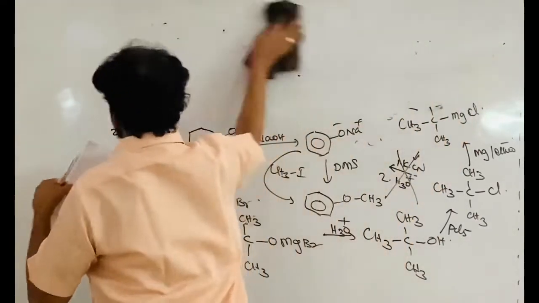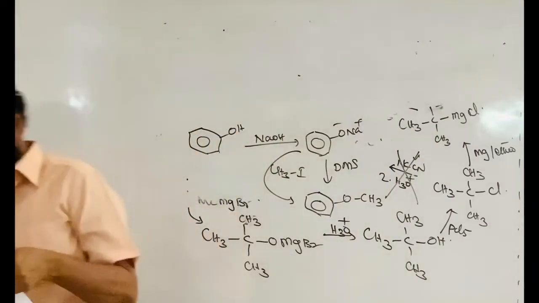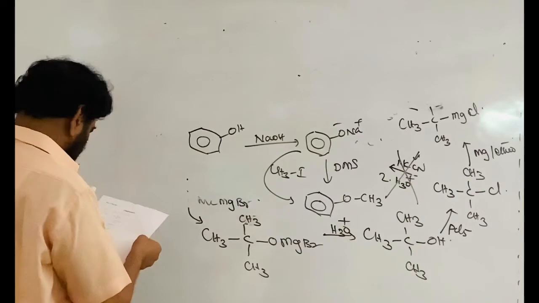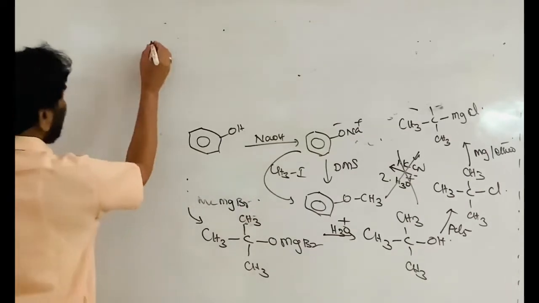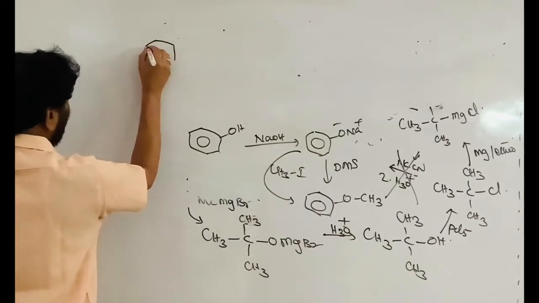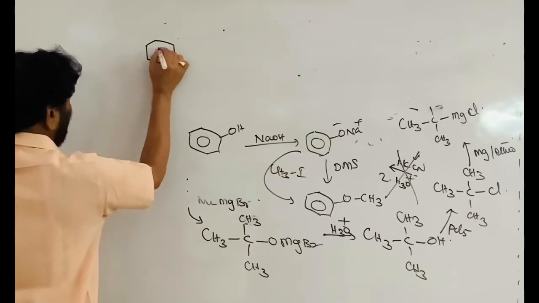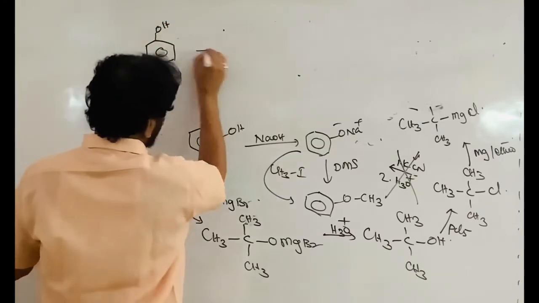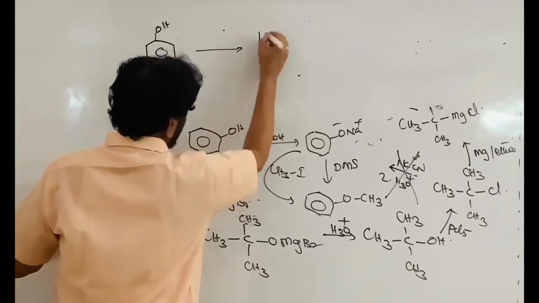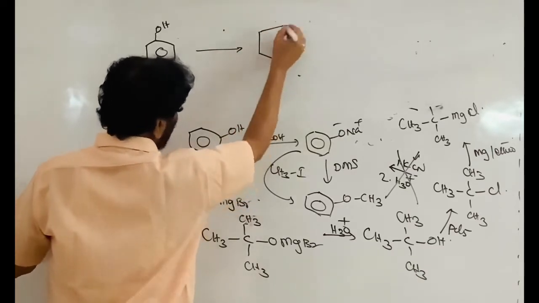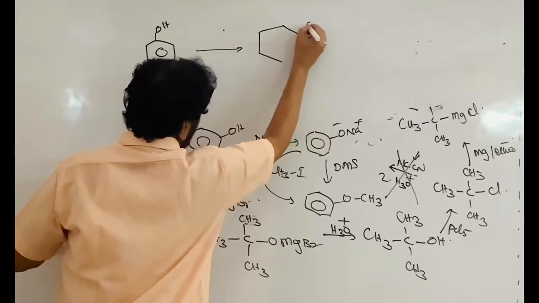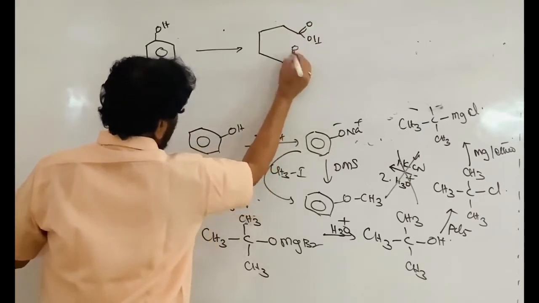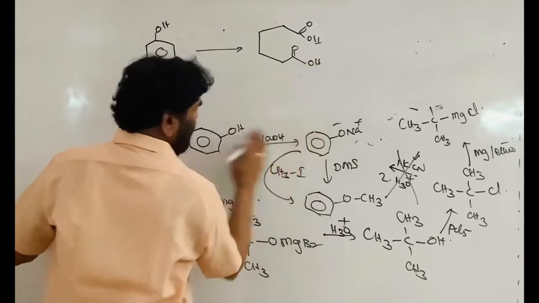The next one, the fourth one, is phenol to adipic acid. This is very simple, and I think there is no need to spend much time on this. 1, 2, 3, 4, 5, 6, adipic acid.